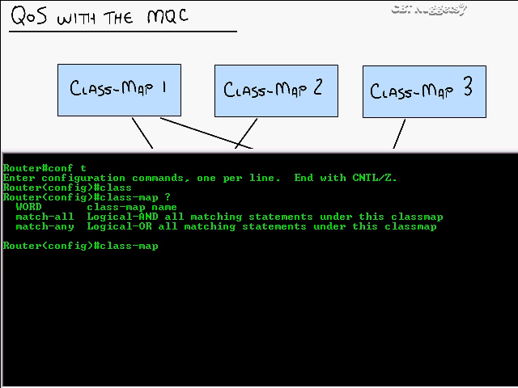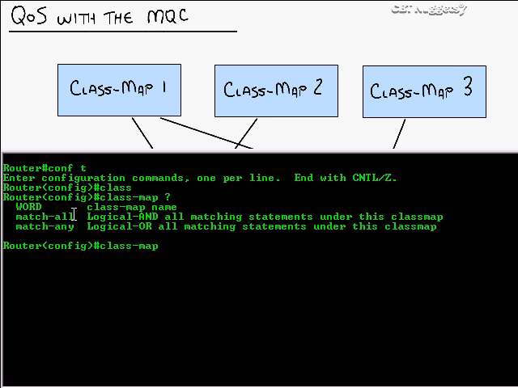Under this class map, I can say I want to match by IP address. I can say I want to match by application type. I can say I want to match by access list specification. There's a whole list of criteria. If I choose match any, that means any of those criteria can match. The IP address or the application type or the access list criteria, all those, it's kind of an or.